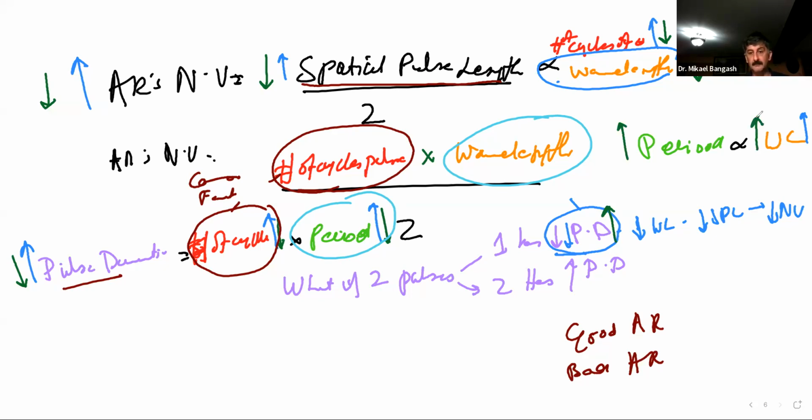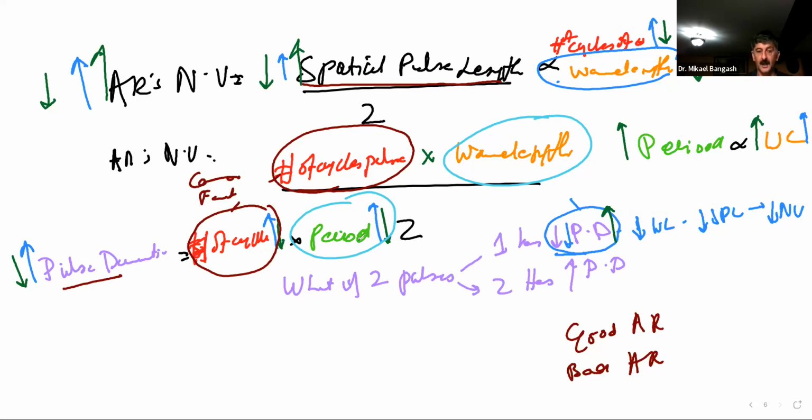That greater wavelength will mainly mean that you end up having a greater spatial pulse length, sorry, which mainly means that your numerical value for the axial resolution will be higher, and the higher the numerical value for the resolution, the poorer the resolution will be. Clear?